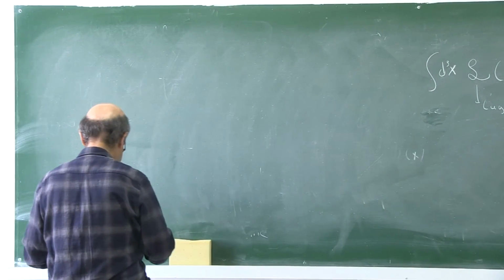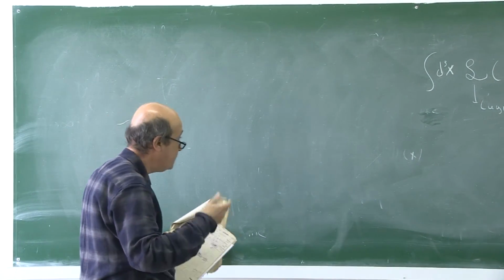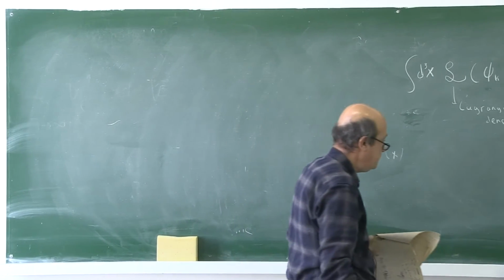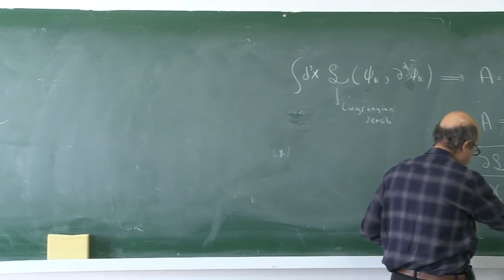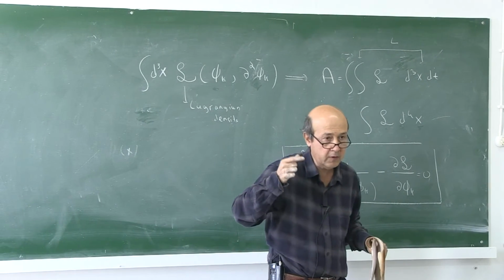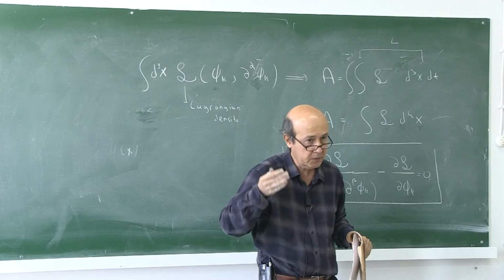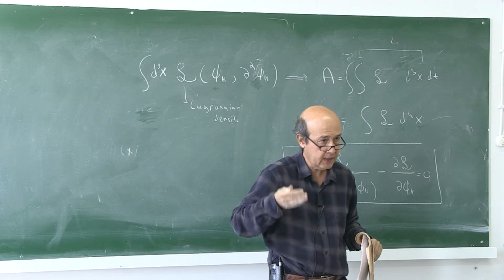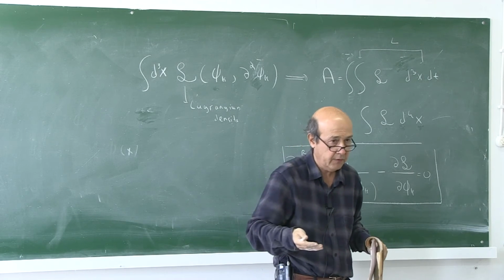Basically, the situation is the following. Instead of generic fields, we have which fields? We have four potentials. The four potentials are the fields, and we know the derivatives of the four potential.